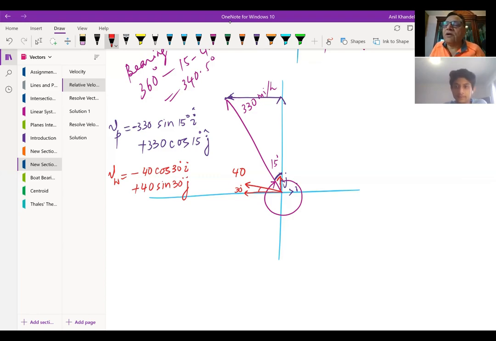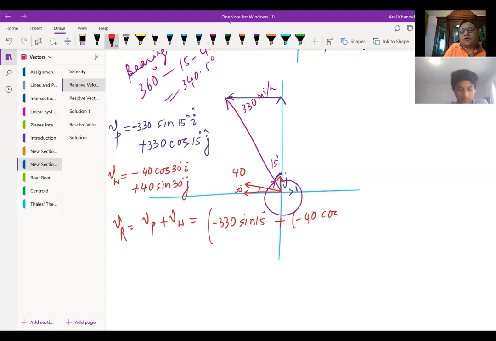Now, when we do addition of vectors, you can combine in the same direction the i components and j components. So we want to find the resultant, which is the sum of these two vectors. In the i direction, we have minus 330 sine of 15 degrees plus minus 40 cos of 30 degrees.